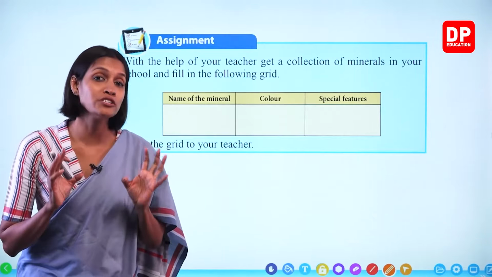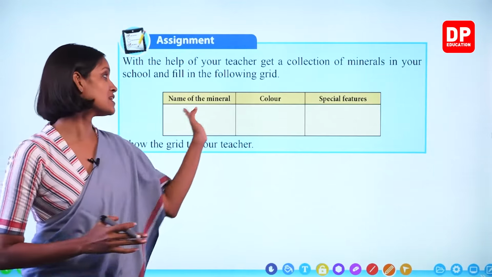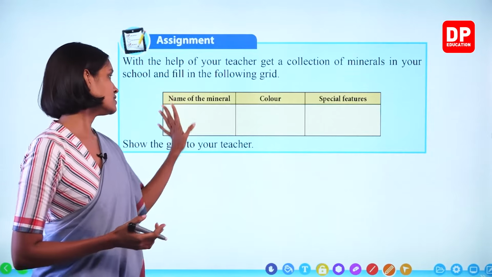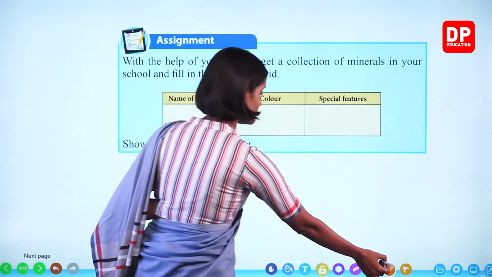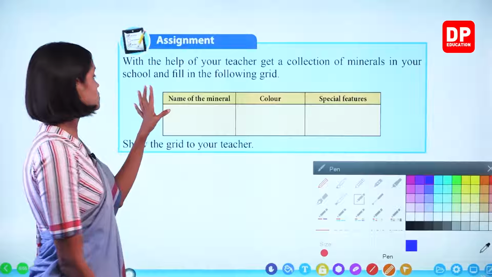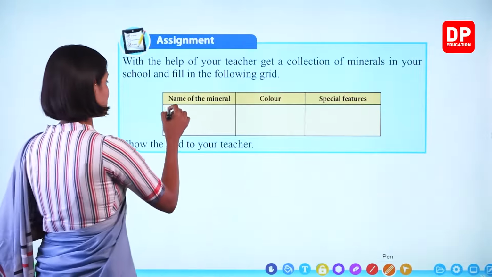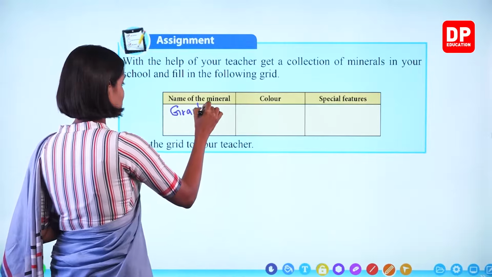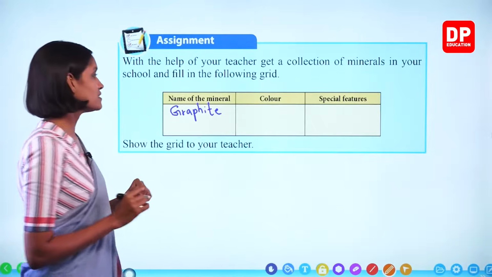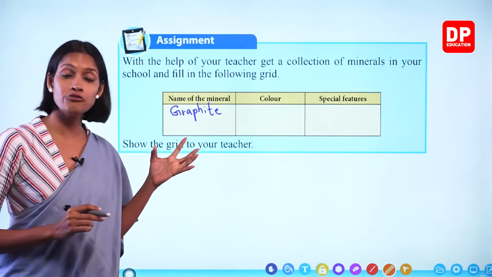So what you observe, you have to include in a table like this. I will include some of these things we learned in the lab. So name of the mineral, I will first take graphite. What was the color of graphite, children?